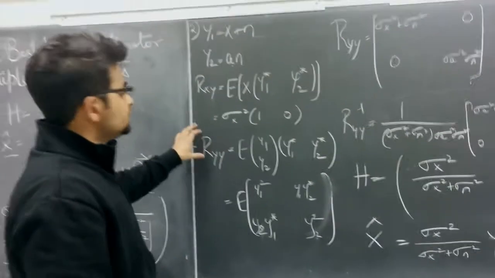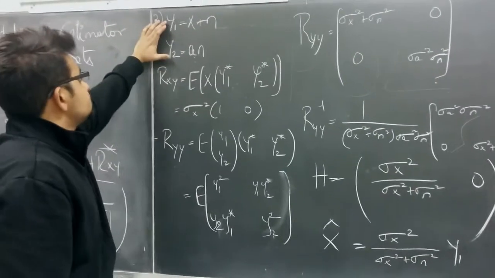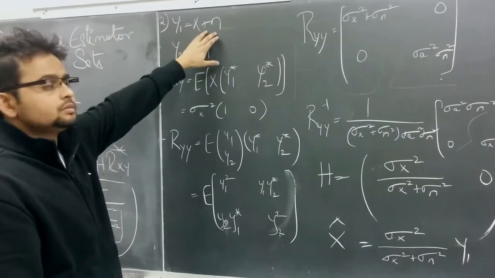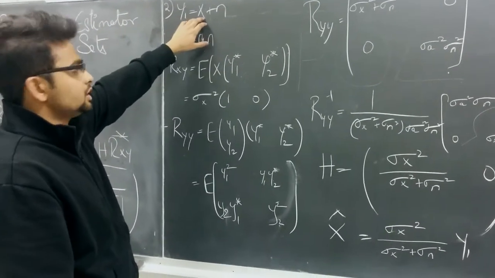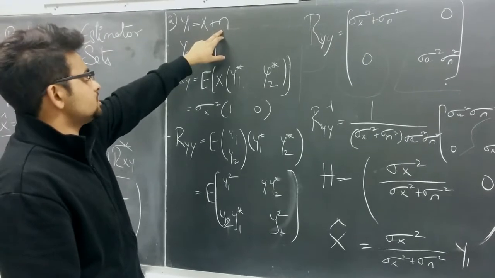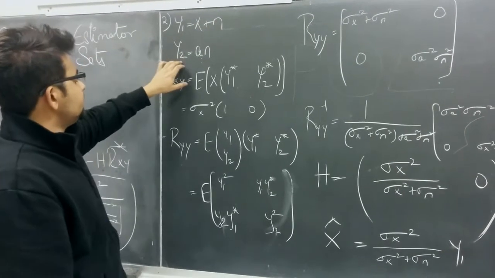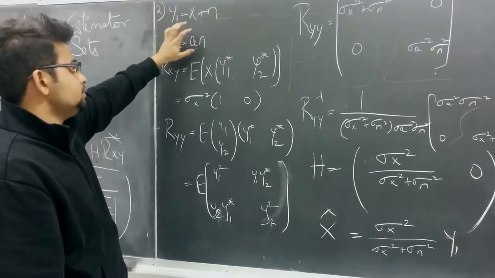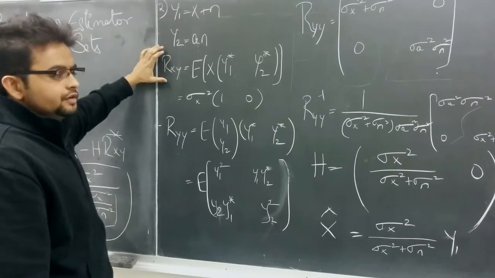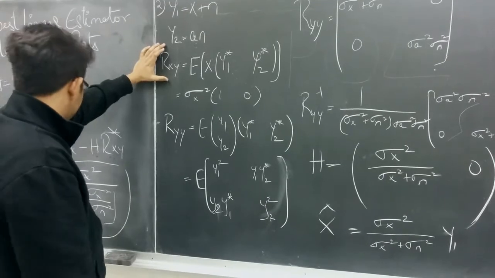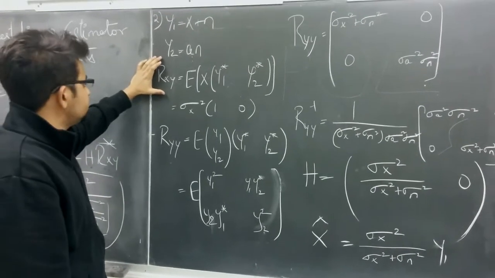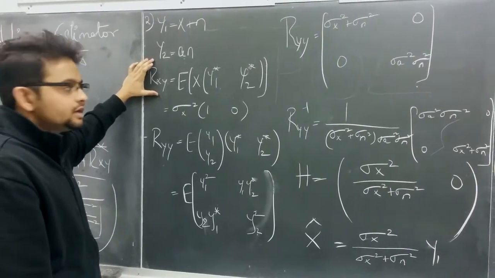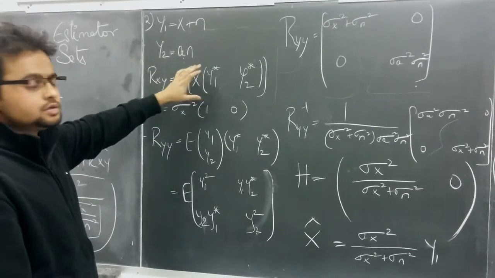Now, coming to the second data, which is y1 is equal to x plus n, we have an unknown signal with some distortion noise, and y2 is a corrupted distortion without any signal. This is our y2, and we apply the same process of finding the value of h. For finding the value of h, we have rxy into ryy inverse.